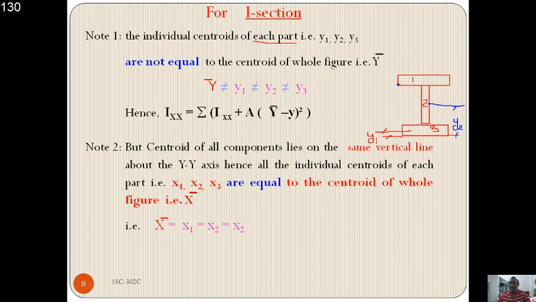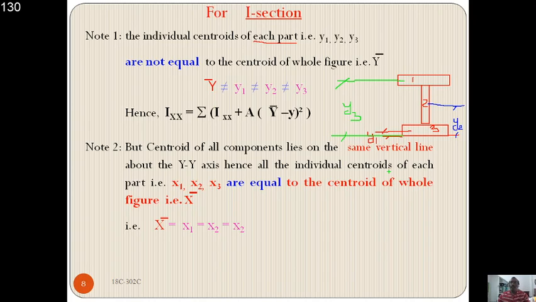This is the centroid, as you know from the calculation. And similarly for y3, this is the centroid point, and from this bottom, from this point to this point, it is y3.